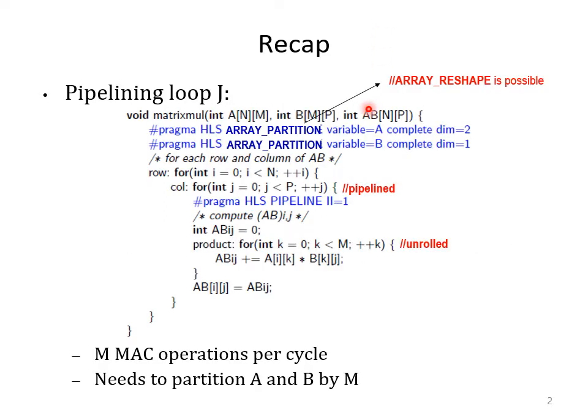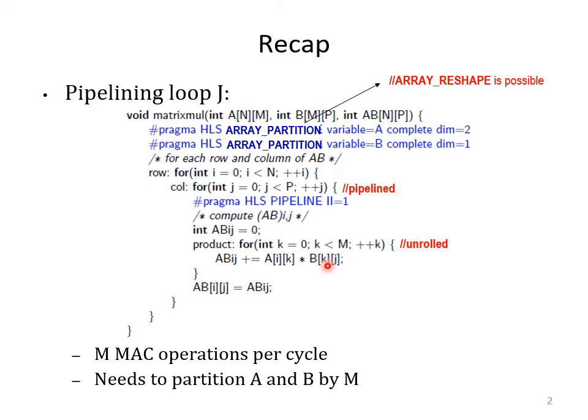In the last lecture, we learned that matrix multiplication is composed of three loops, one for the I, one for the J, and one for the K. We're free to pipeline or unroll any of these loops, but in terms of performance and internal memory consumption, it is usually best to pipeline the J loop and unroll the K loop.